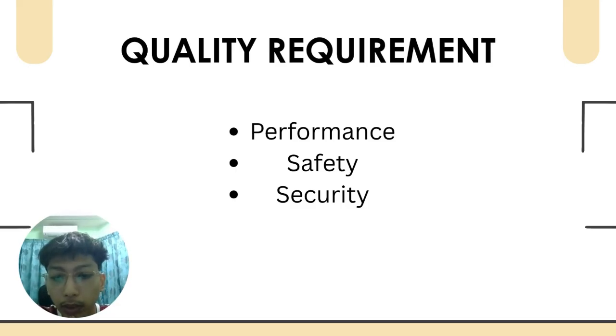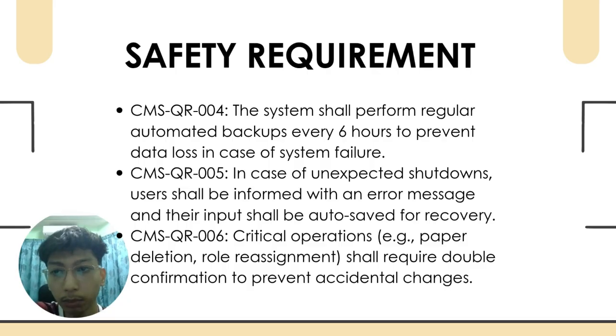Okay, so this is the example for quality requirement in safety. The first one is CMS TR004. The system shall perform regular automated backup every 6 hours to prevent data loss in case of system failure.